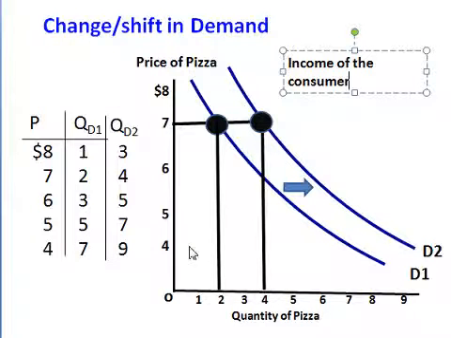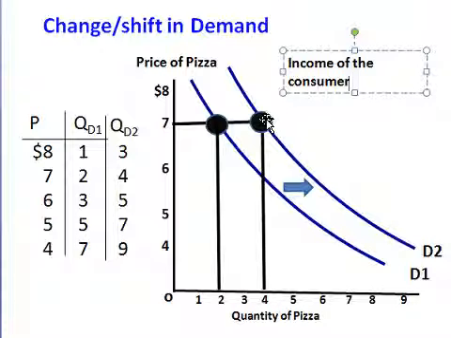Okay, suppose I say the consumer is here. That means the price of pizza is $7 and he is buying 4 pizzas. That is this one, right? Suppose it is here. Now at this point, suppose the income of the consumer goes down, but the price of pizza remains unchanged, meaning $7.